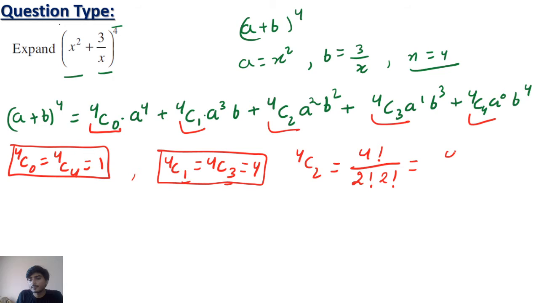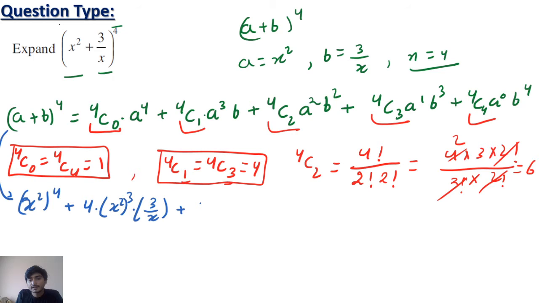Okay, so if you have to write, what will it become? a to the power 4. a is how much? x square to the power 4, plus 4C1, which is nothing but 4, and then a^3 is x square to the power 3 into b, 3 by x to the power 1, right? Then 4C2 value is how much?